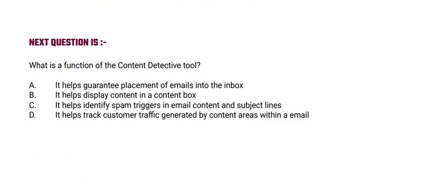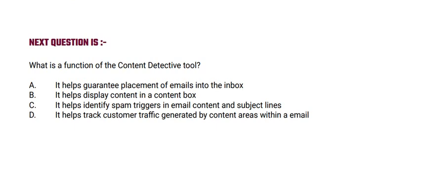Next question is: What is a function of the content detective tool? Options are: Option A, it helps guarantee placement of emails into the inbox. Option B, it helps display content in a context box.